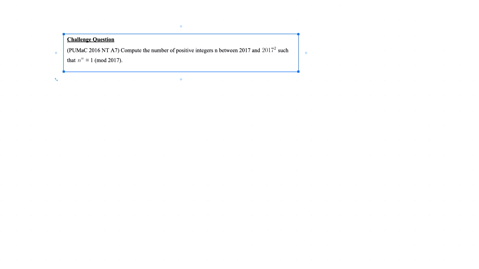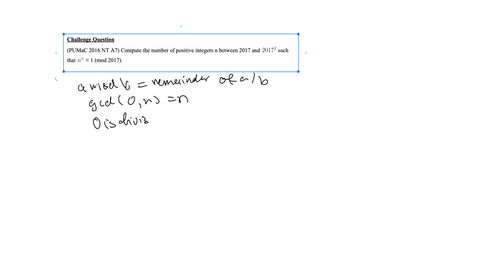I'm going to define A mod B to be equal to the remainder of A divided by B. And then after this, we're going to define that GCD of 0 and any number is equal to the number itself, and the fact that 0 is divisible by any number.